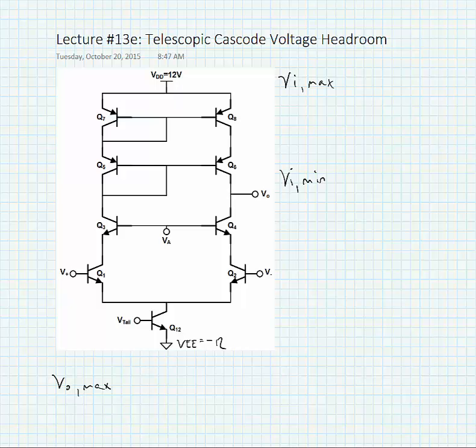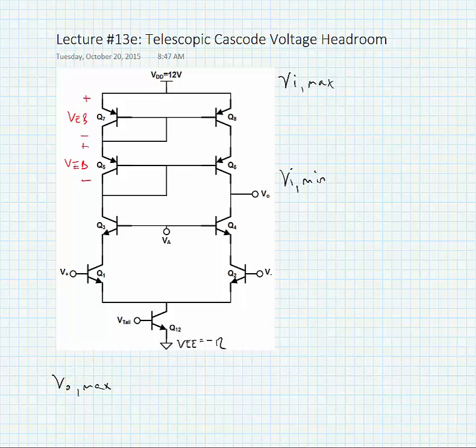So in terms of the input common mode range, let's look at the maximum input voltage that needs to exist across this amplifier. We first note that we need a VEB on Q5, and a VEB.